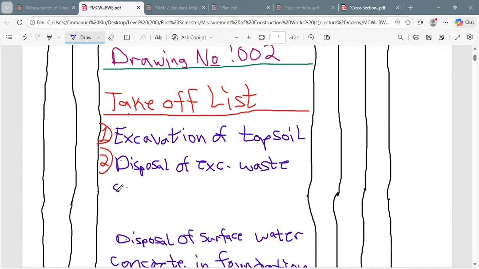So we said this is our surface treatment. We even have to do trench excavation before that comes. So this is trench excavation.